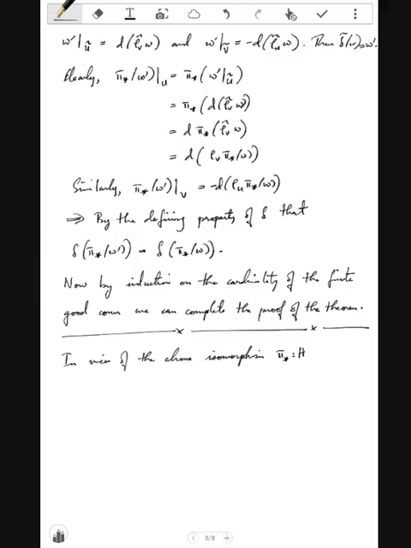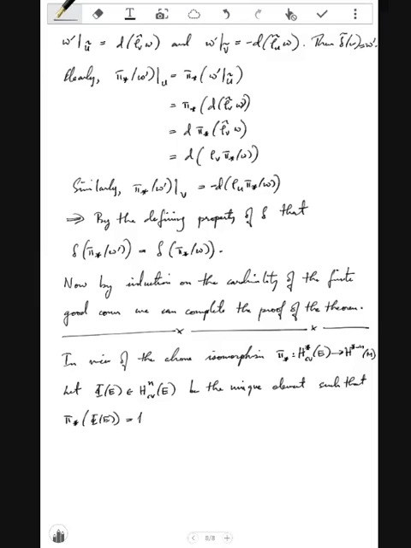Pi lower star, let phi of e inside Hn be the unique element such that pi lower star of phi of e is equal to 1.